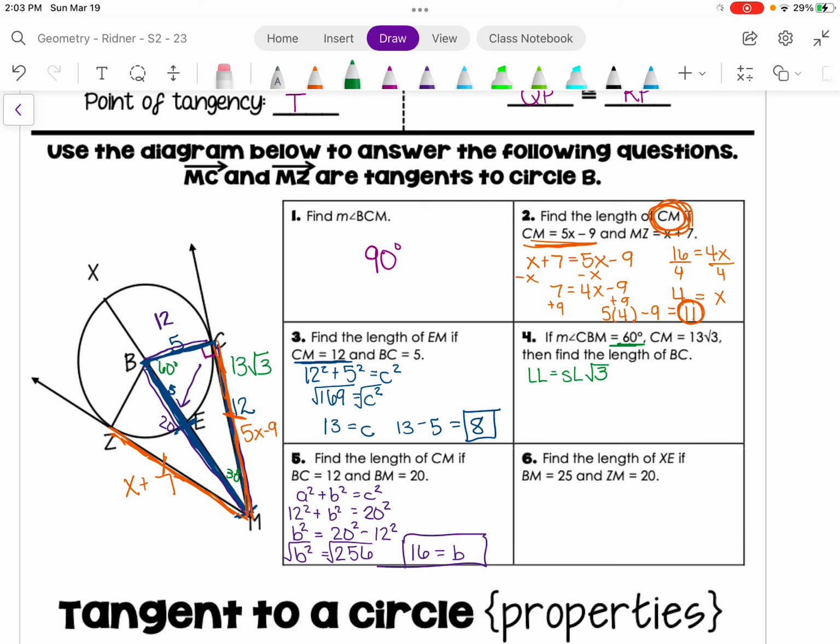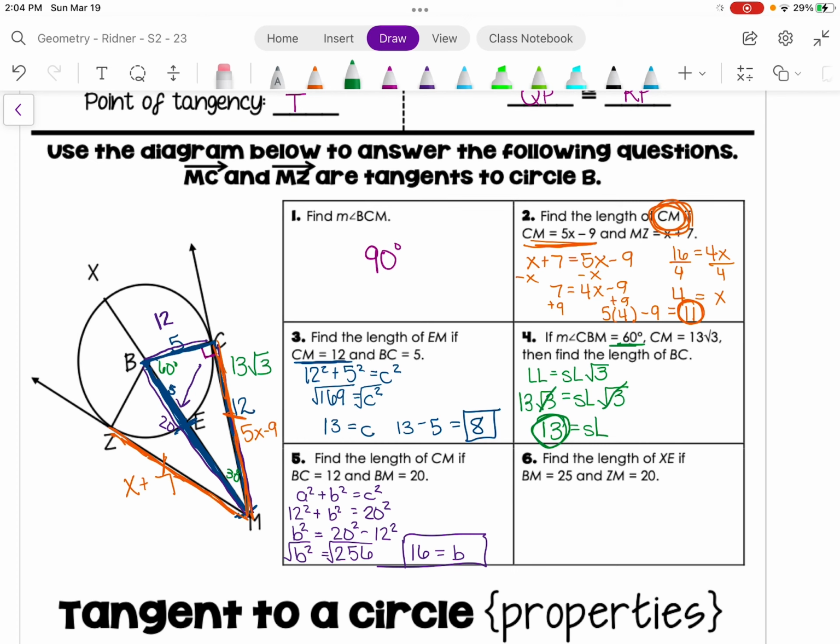So in this example, 13 square root of 3 equals the short leg times square root of 3. Well, we can cancel the square root of 3's out. The short leg must be 13, so that is our answer. That comes from our special right triangles, 30, 60, 90.